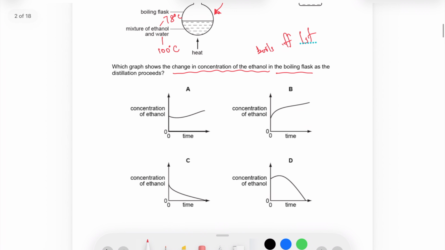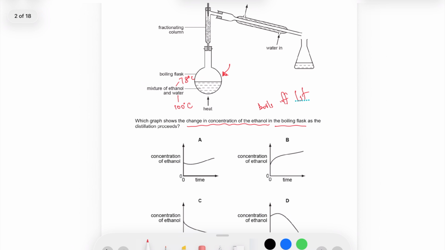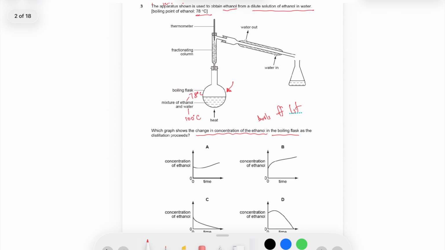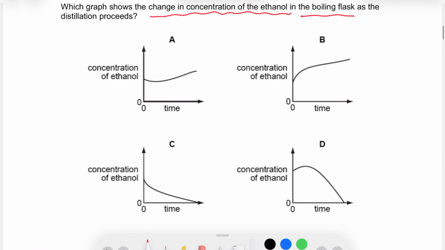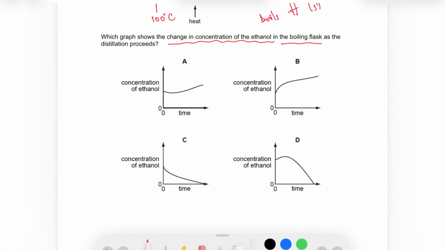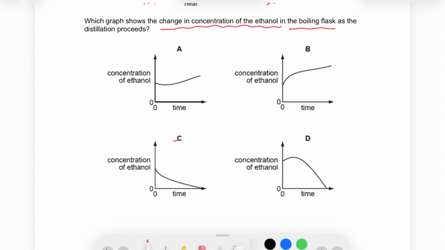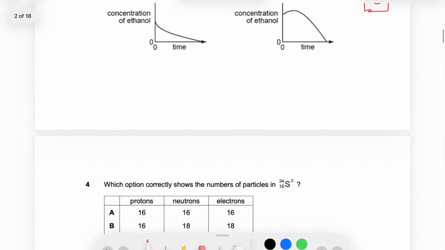Let me see. Okay, so it should be C. The amount of ethanol should decrease with time. So the answer should be C in this case. Okay, no trick questions.